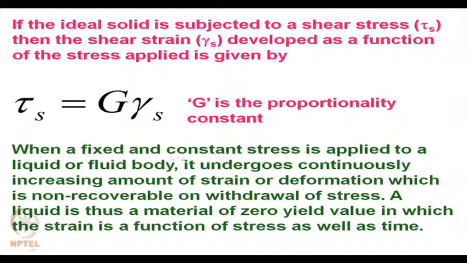When a fixed and constant stress is applied to a liquid or fluid body, it undergoes a continuously increasing amount of strain or deformation, which is non-recoverable on withdrawal of stress, as I have explained just before. A liquid is thus a material of zero yield value, whereas a solid shows a finite yield value. Yield means deformation value, in which the strain is a function of stress as well as time.